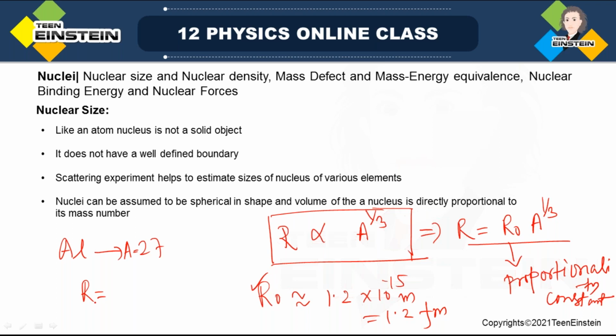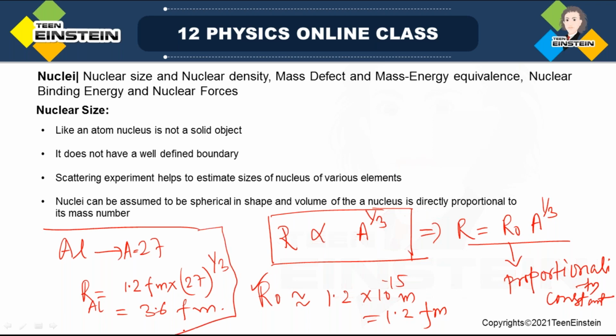R is equal to R0, that means 1.2 femtometer, into the cube root of 27. The cube root of 27 gives you 3, so you'll get 3.6 femtometer. This will be the size of the nucleus of the element aluminum.